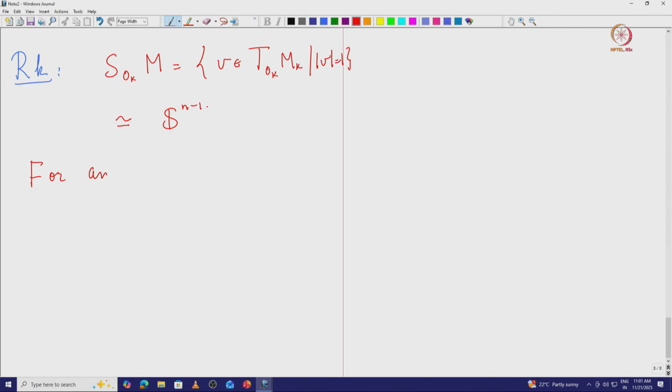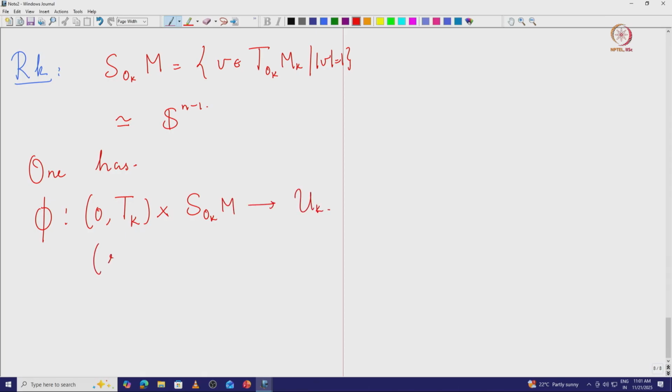And for any point, one basically has this map from 0 to T kappa, I will explain what T kappa is, cross this to all of U kappa, where you basically take (r, theta) and this goes to the point exponential at O kappa of r theta.